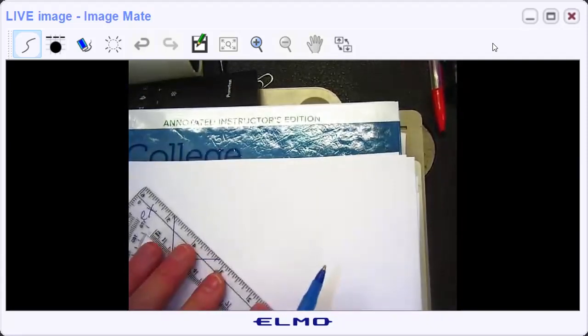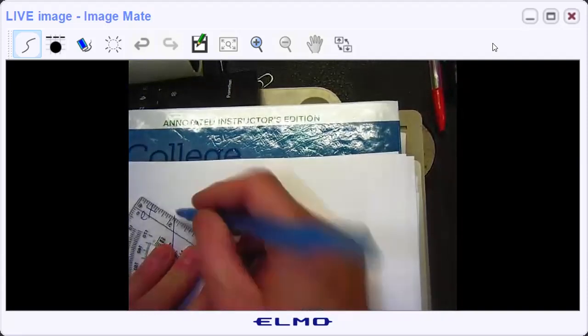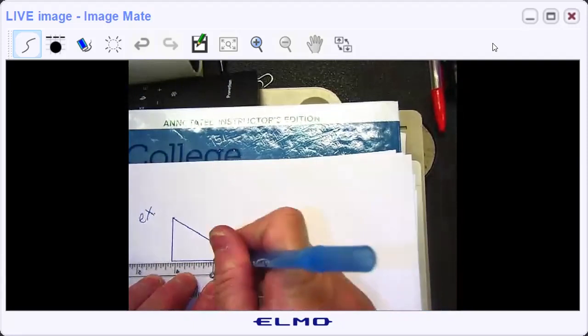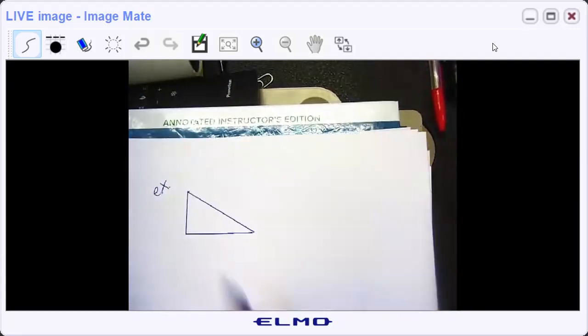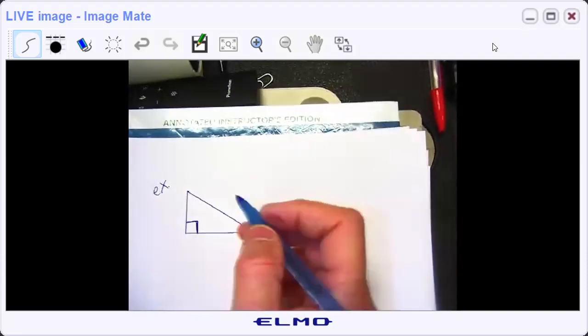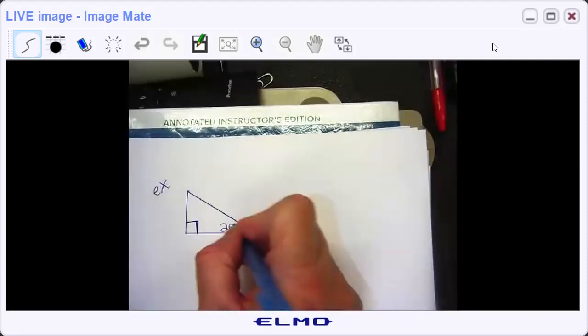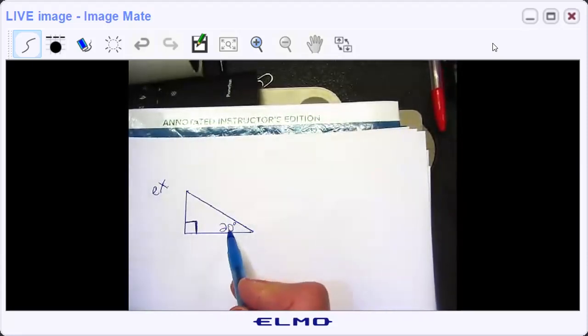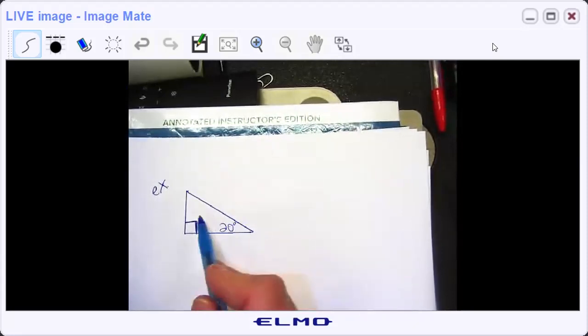And it does have to do with the fact that the interior angles sum up to 180. So if this is my triangle, this box implies 90 degrees. And let's say I give you this angle is 20. Well, you can add up 90 and 20 and get 110 and then subtract 180 minus 110 to get 70.